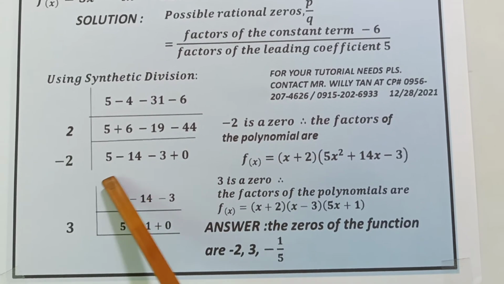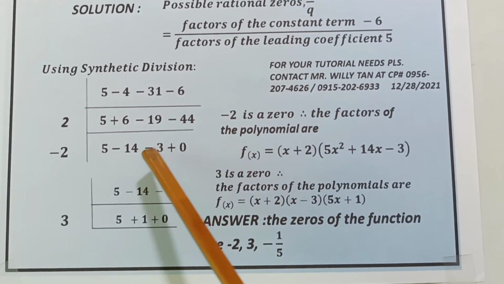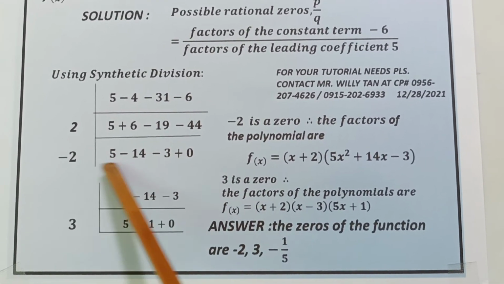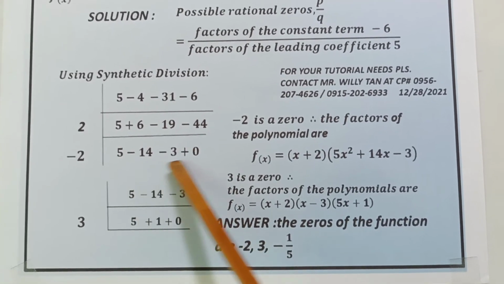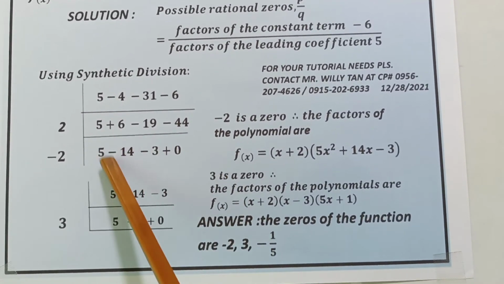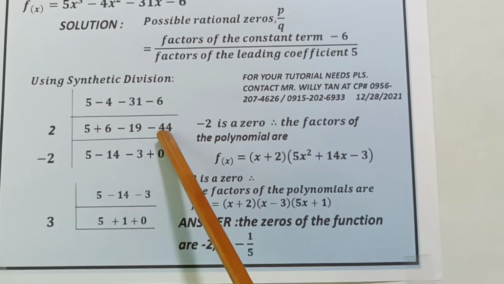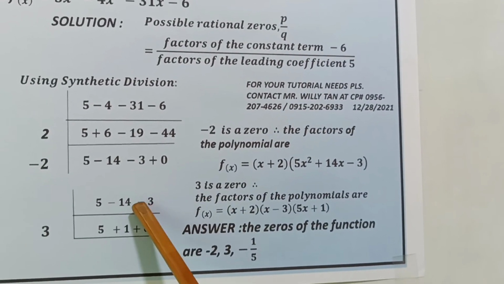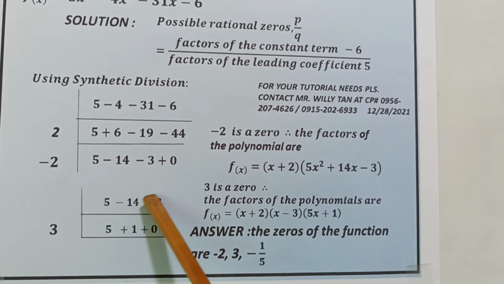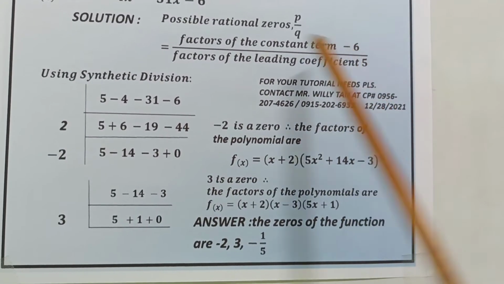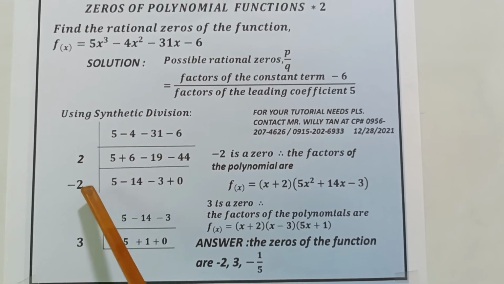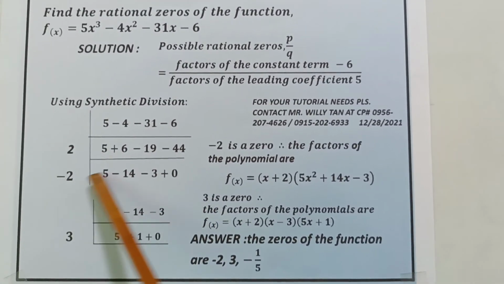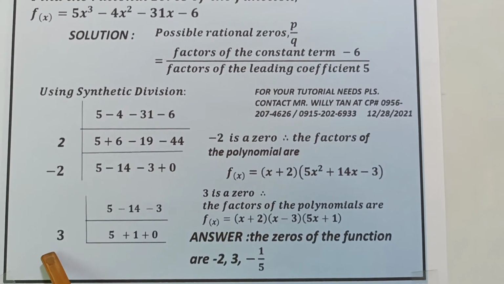Since we have this depressed polynomial, we bring down again 5, -14, and -3. Then we try the factors of 3: we try 2 and -2, then positive 3.